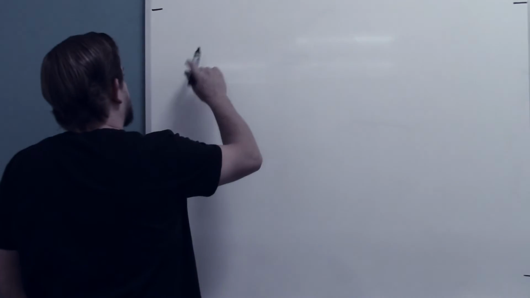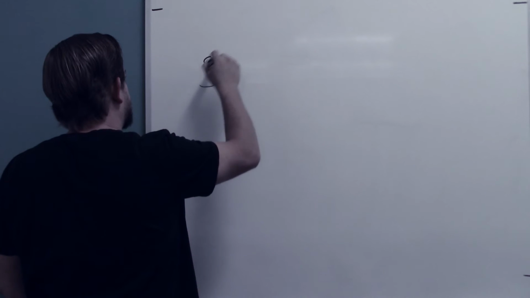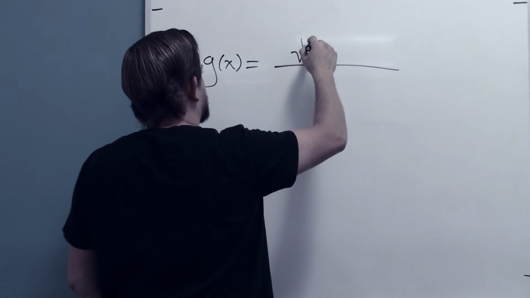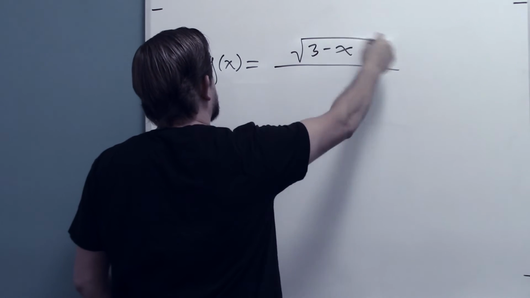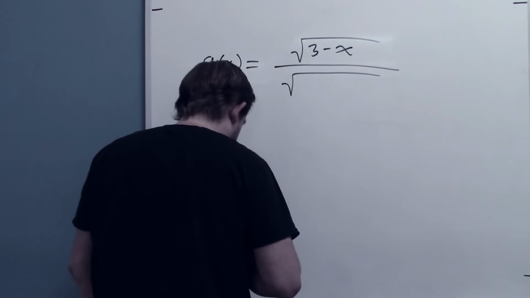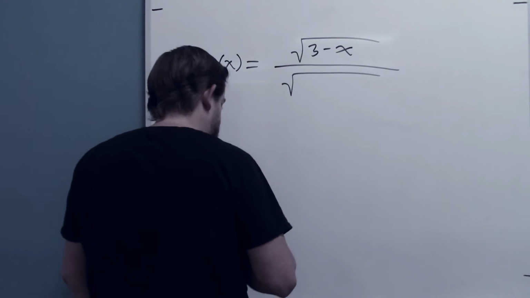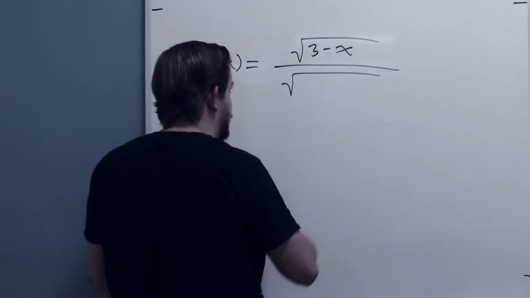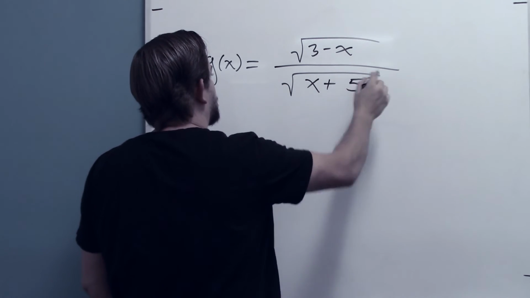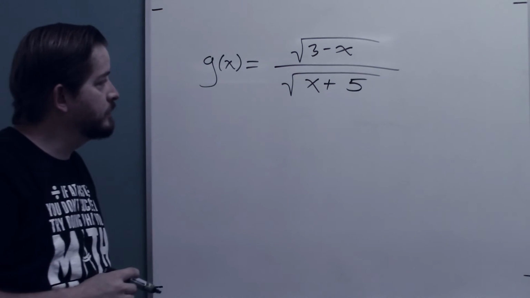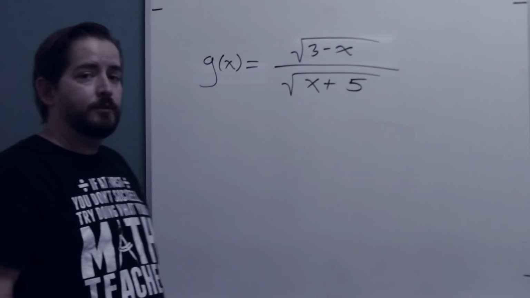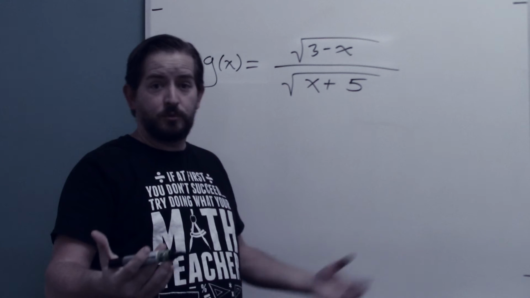Let's say I have something a bit ridiculous here, like g of x equals the square root of 3 minus x over the square root of, I don't know, x plus 5. Now I again have to satisfy 3 conditions.